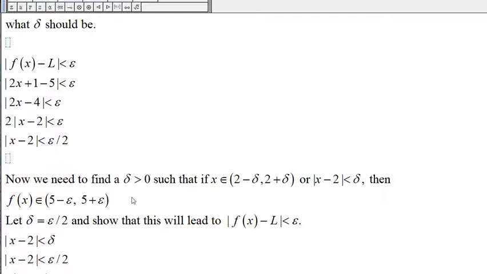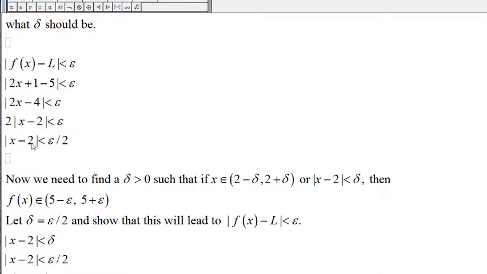And so what we need to do is come up with a delta that will meet this condition and also this condition. Because if this condition is met, then we will have met this condition, because this line and this line are equivalent.